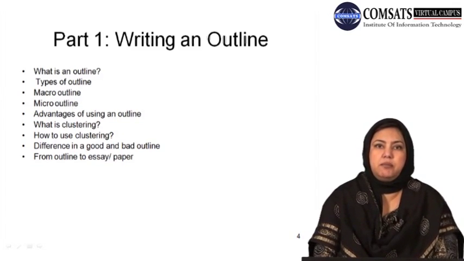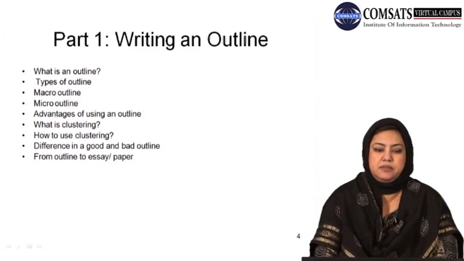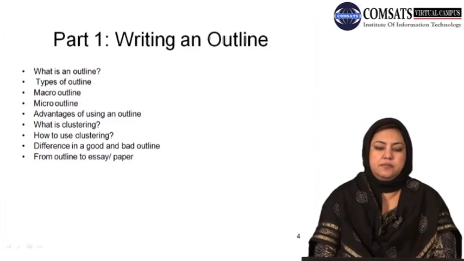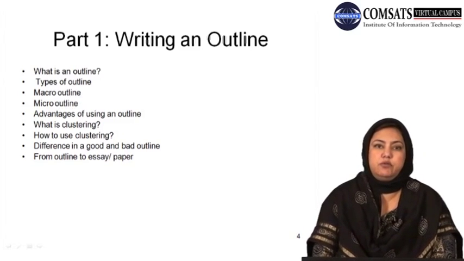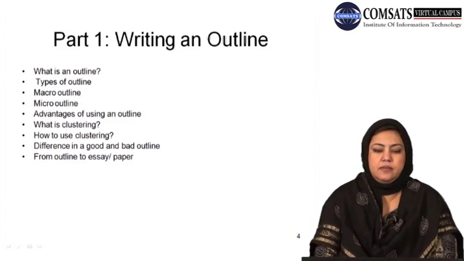I would show you the samples of each of these. We would share the features and important characteristics of each of these types. We would also have some comparison in how they are different from each other. With this, we would move on to the advantages of using an outline.